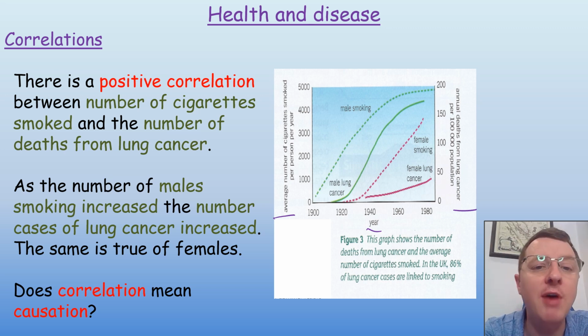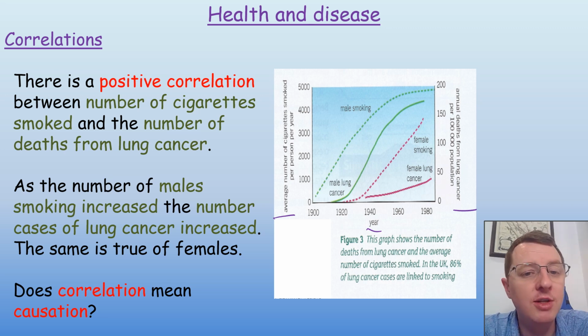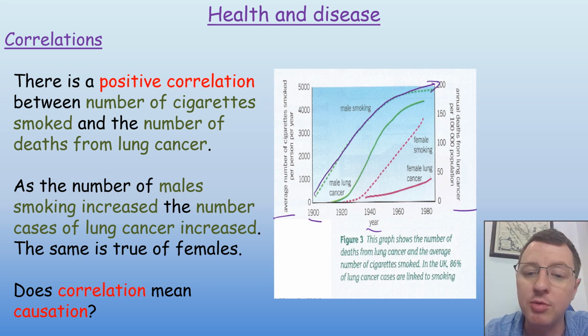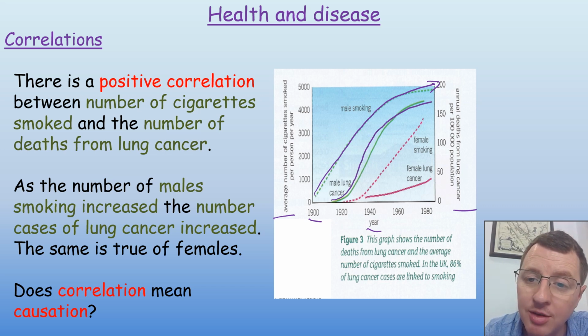And we can see that there is a positive correlation between the number of cigarettes smoked and the number of deaths from lung cancer. So in the 1900s here, you can see that the number of males smoking cigarettes increased all the way up to the 1980s, and there is a lag of about 20 years, and then the male cases of lung cancer increased.